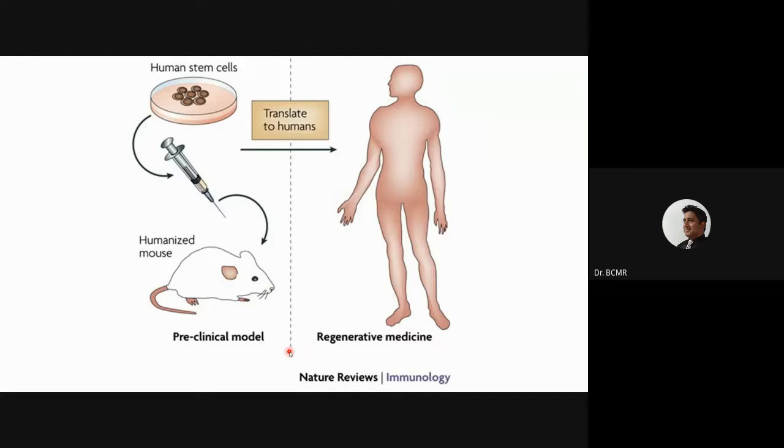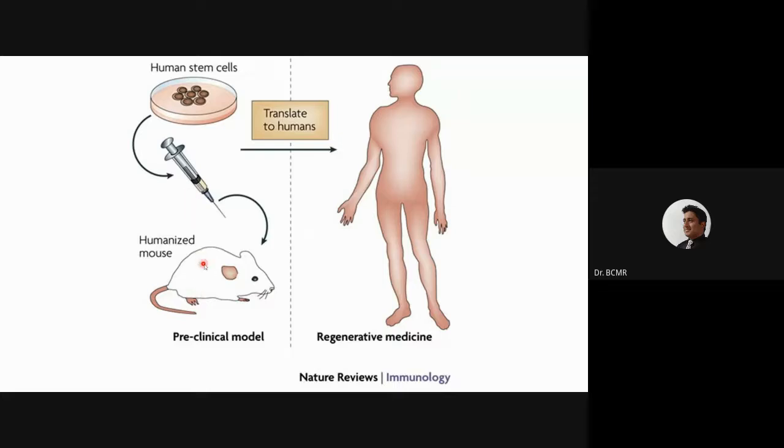So this is an important step, because before we try it on humans, we want to test that it works. And so we are making humanized mice, we are generating a preclinical model.